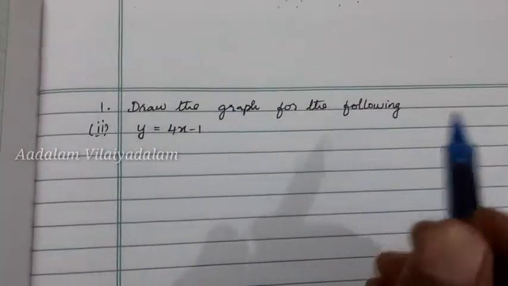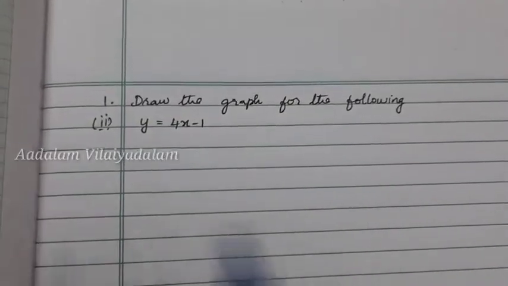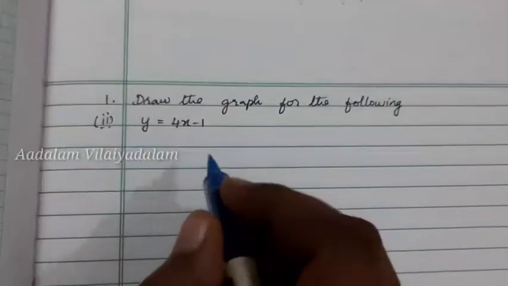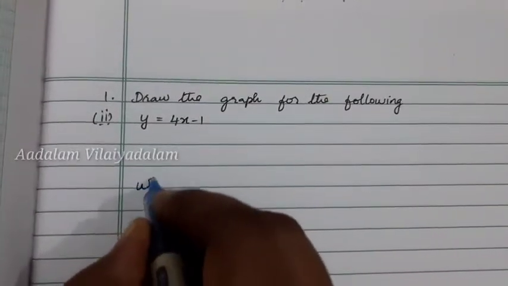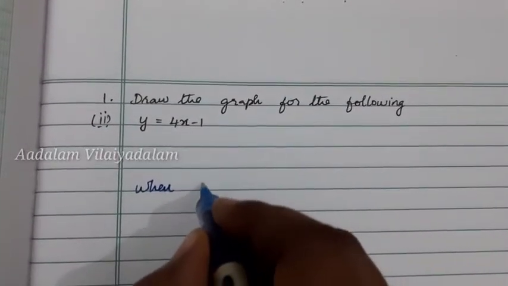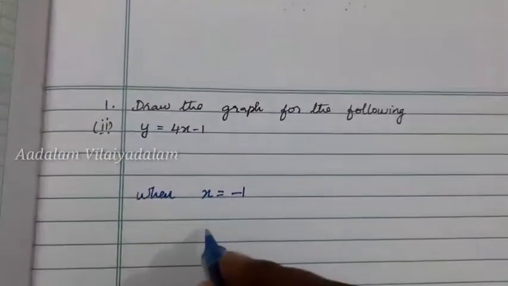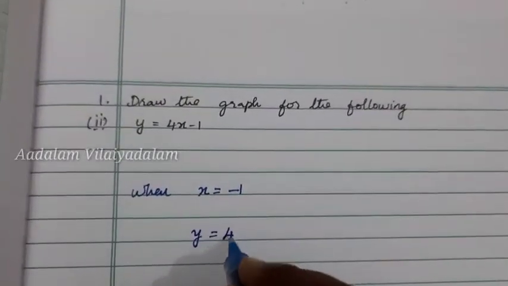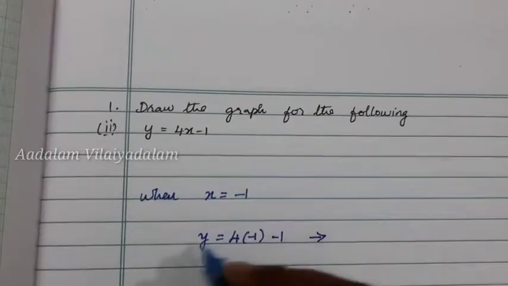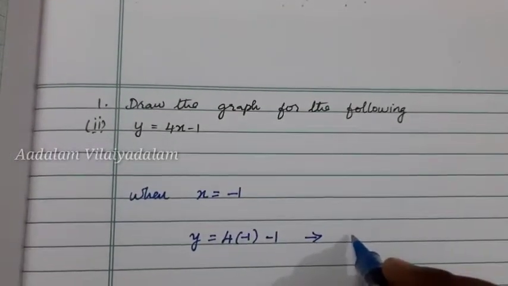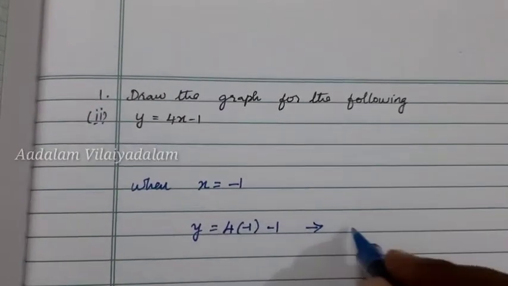Now the second subdivision is, draw the graph for the following: y equal to 4x minus 1. So like the previous sum, we can apply values for x randomly. That is, when x equal to minus 1, what do we get? y equal to 4 into minus 1, which means 4 ones are 4, and plus into minus gives minus.